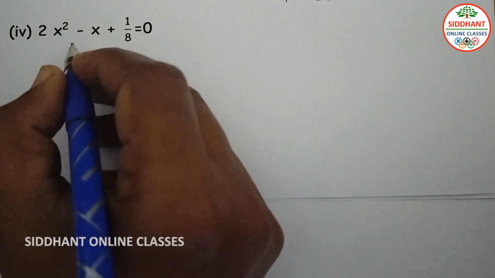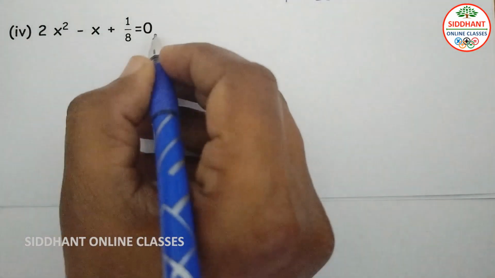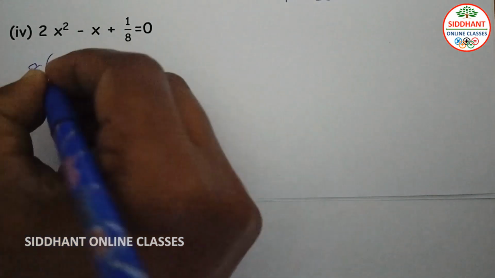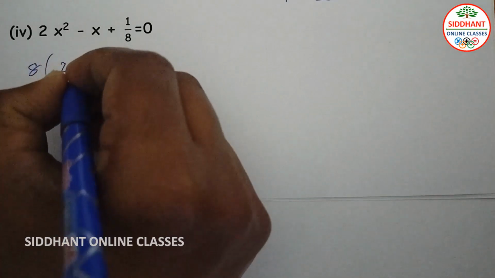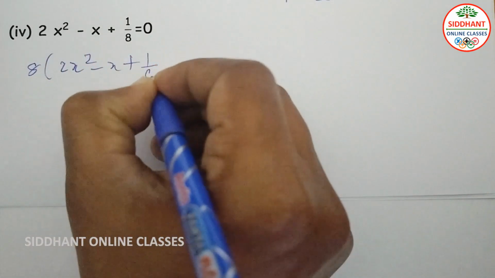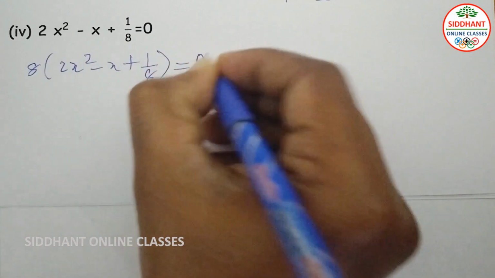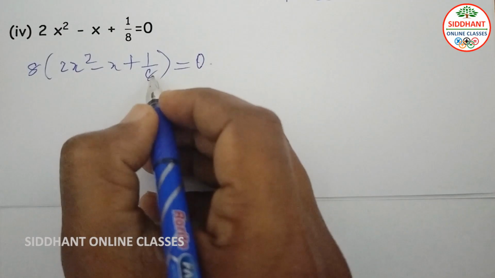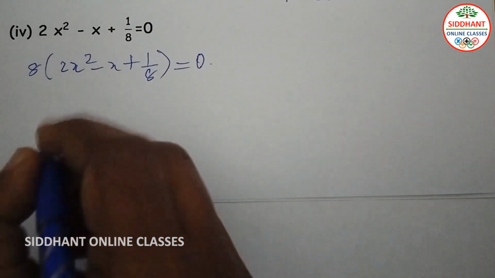Fourth one, 2x square minus x plus 1 by 8 equal to 0. So here we are going to multiply this with 8. In order to remove the fraction, we multiply with 8 here.